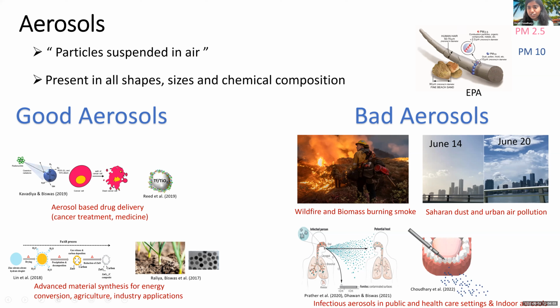Essentially, you can see these tiny blue spheres, which are around the circumference of your hair strand, whereas PM2.5 particles are the particles having size less than 2.5 micrometer. So that will be something more like if you zoom in, you will see that in one PM10, you will see more of PM2.5.